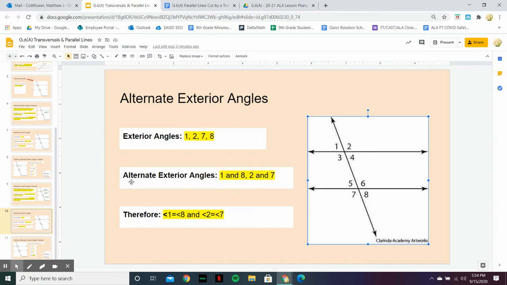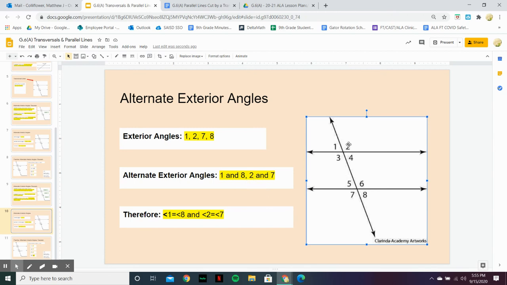Now, the alternate exterior angles would be angles 1 and 8 because they are on opposite sides of this transversal. Angle 1's over here, angle 8 is on this side, and they have different vertices. Angle 1 vertex is here, angle 8 vertex is there. So angle 1 and 8 are alternate exterior angles.